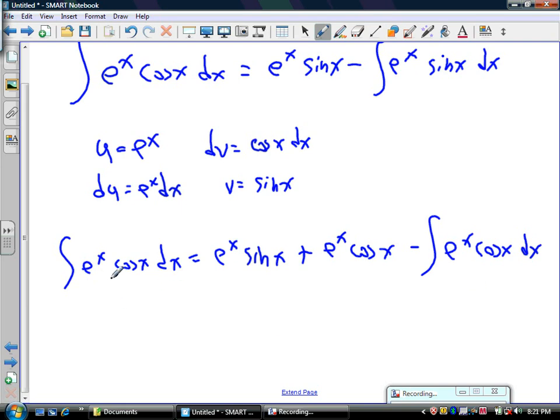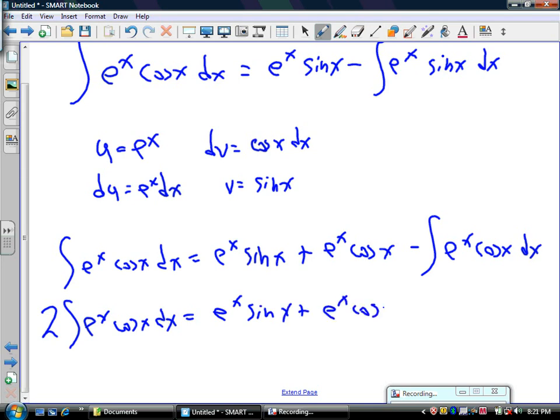Can I put them together? What if I add this to both sides? No, this is subtracting here. I'm going to add it. So I get 2 of these equals this. And just divide by 2 to get what you wanted.